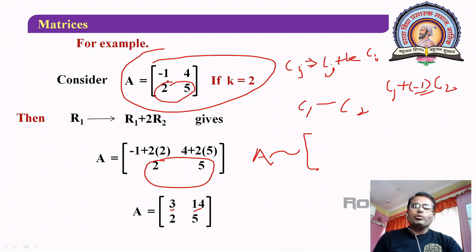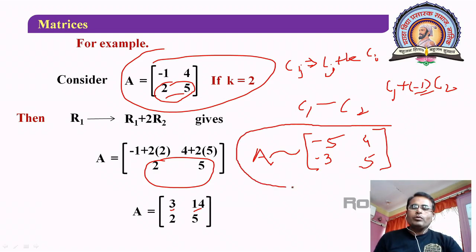C1 minus C2: minus 1 minus 4 is minus 5 as the first column, and 2 minus 5 is minus 3. Is there any change in the second column? No, that remains 4, 5 as it is. So this is your resultant matrix.